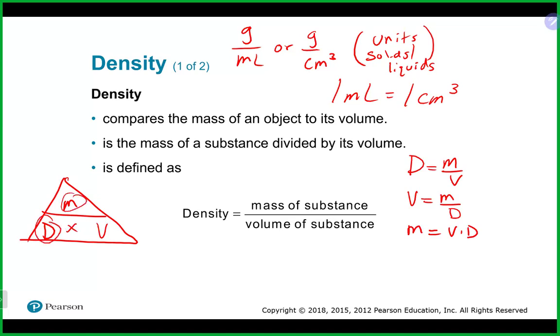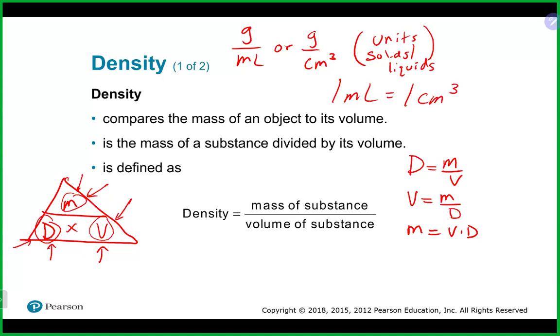Density is mass divided by volume. Mass is density times volume. Volume is mass divided by density. So that's the way you could remember the formula if you like. Once again, mass is typically in grams, and volume is either in milliliters or cubic centimeters.